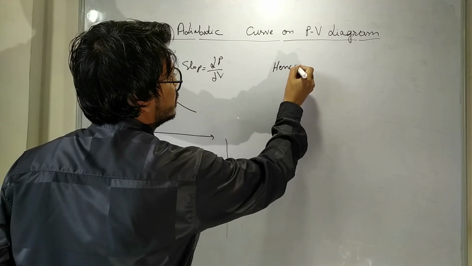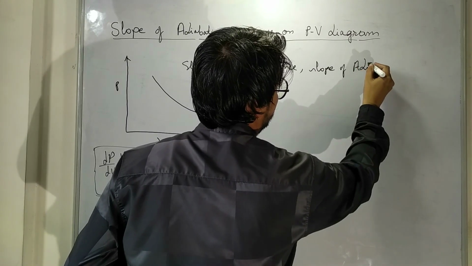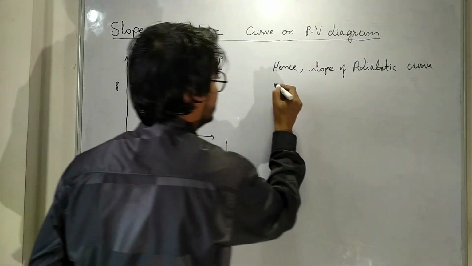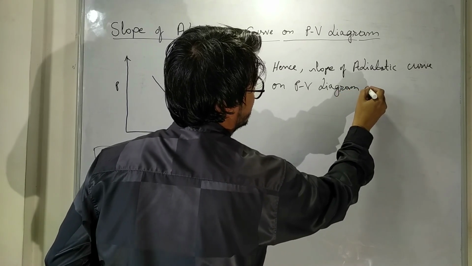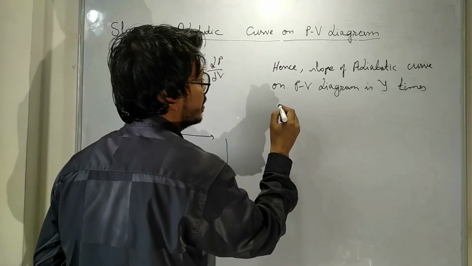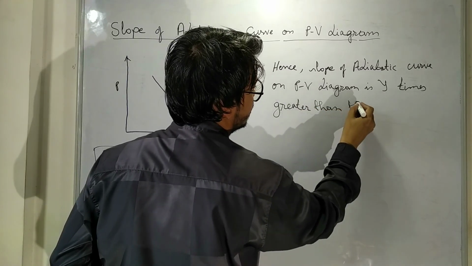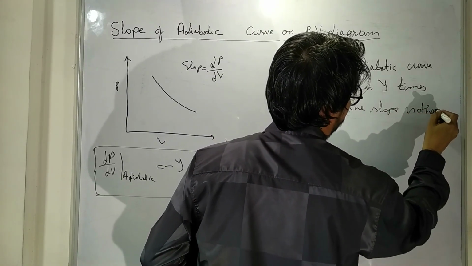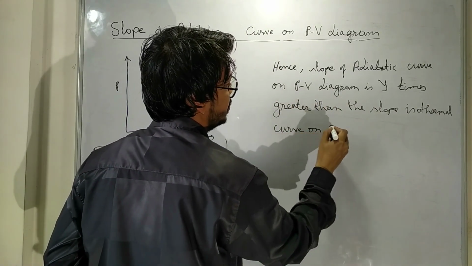Hence, the slope of the adiabatic curve on the PV diagram is gamma times greater than the slope of the isothermal curve on the PV diagram.